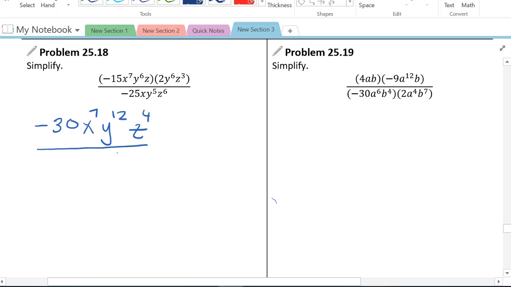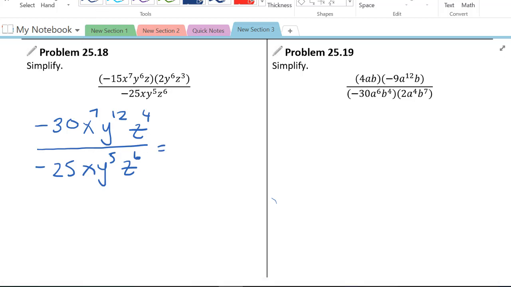Okay, divide that by negative 25 x y to the fifth z to the 6, which is equal to, now 25 cannot divide 30, so it's reduced, right? But negative is going to give us a positive, okay? So keep in mind our answer is going to be positive, right? And we can reduce by 5. Reduce by 5.